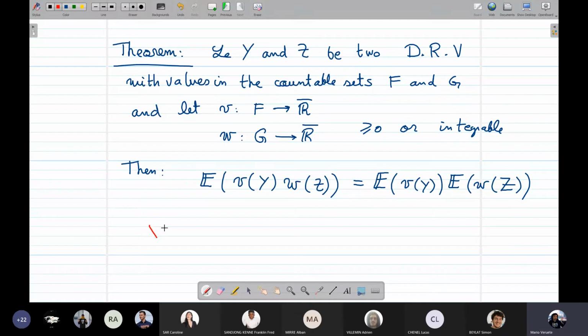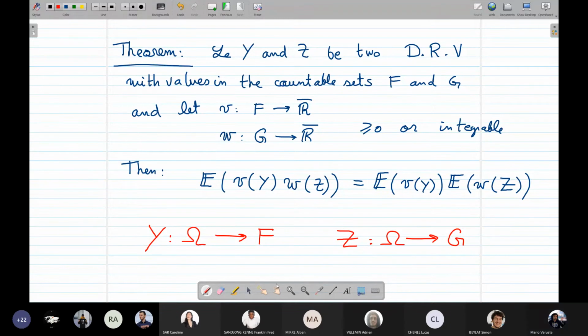That means that they are defined on omega and they go into F, and Z goes from omega to G.